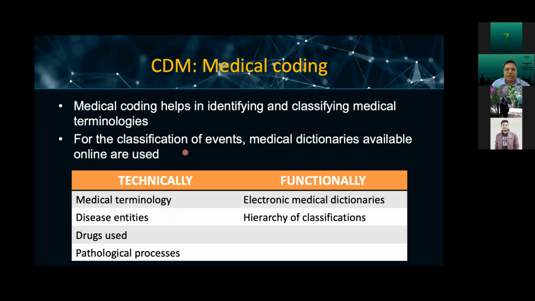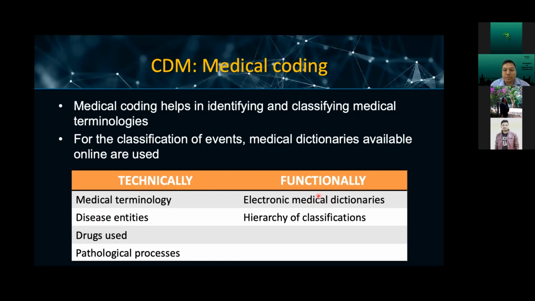So one very important field is the medical coding system, which helps in identifying and classifying medical terminologies. It is the classification used for the classification of events, and medical dictionaries available online are used for this purpose. So the person who is involved in the medical coding should have the technical knowledge about the medical terminologies, disease entities, drugs which are used during the clinical trials, and the pathological processes which are there.